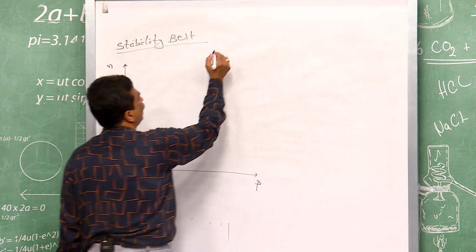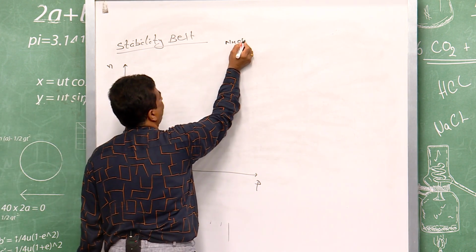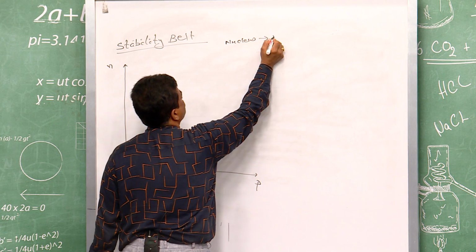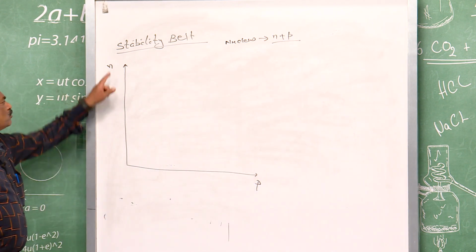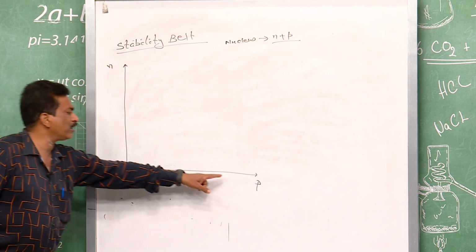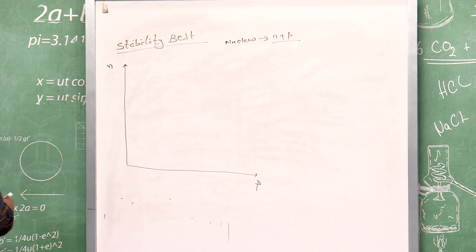Every nucleus is the sum of neutrons and protons. So the neutron and the proton are taken on two different axes.